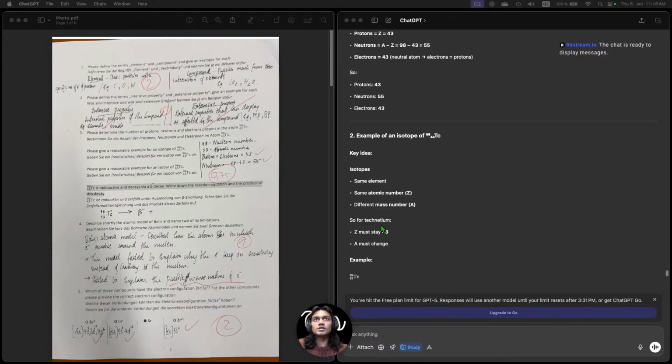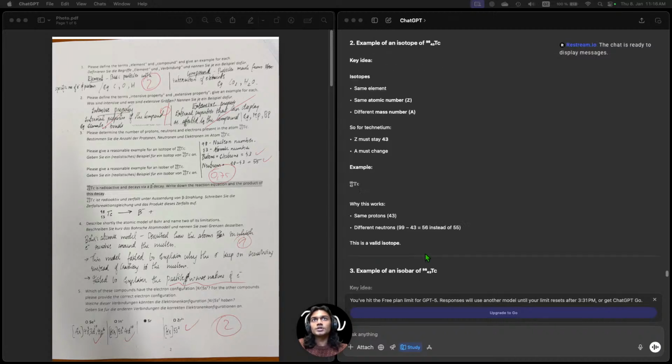Example: 99 43 Tc. Why does this work? Same protons, different neutrons. This is a valid isotope.